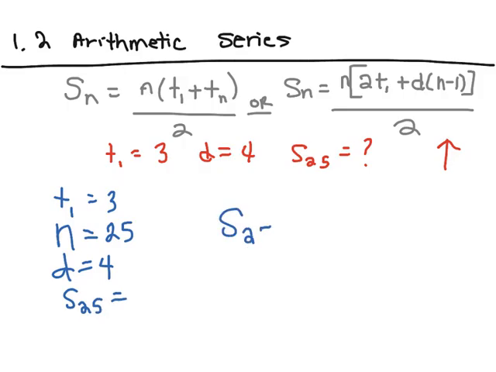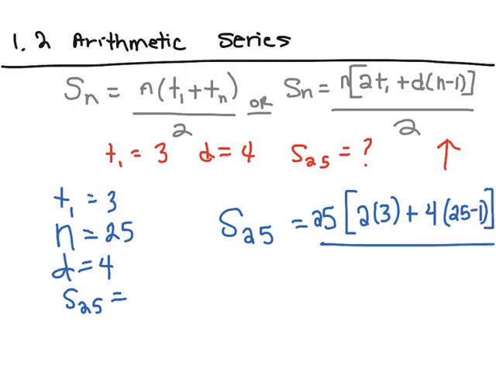So S25 is equal to 25 times 2 times the first term, which is 3, plus the common difference of 4 times 25 minus 1, divided by 2.